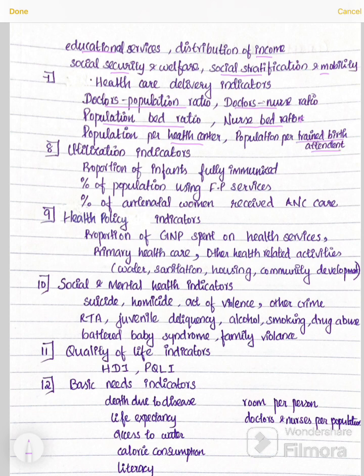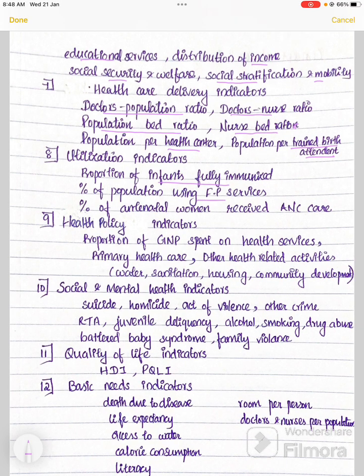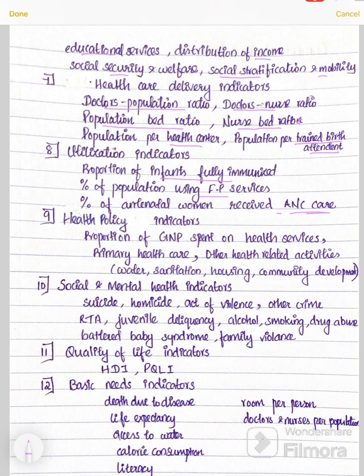And then utilization indicators: proportion of infants fully immunized, proportion of population using family planning services, percentage of antenatal women who receive ANC care. Health policy indicators: proportion of GNP spent on health services, proportion of GNP spent on primary health care, proportion of GNP spent on other health related activities like water, sanitation, housing, community development.